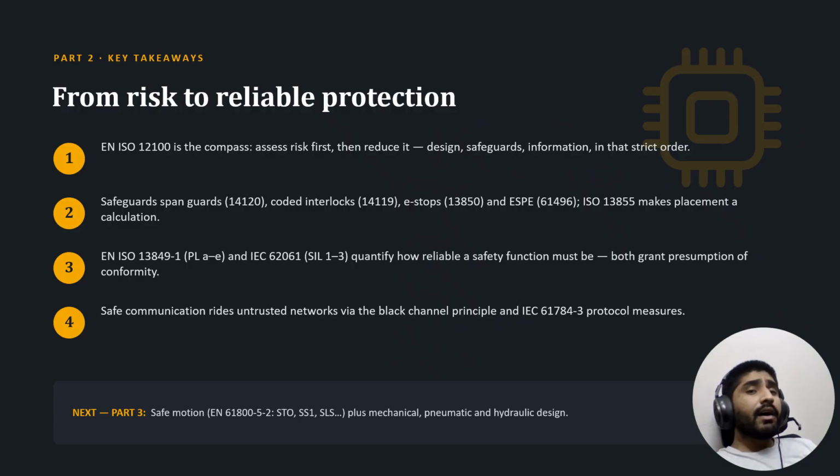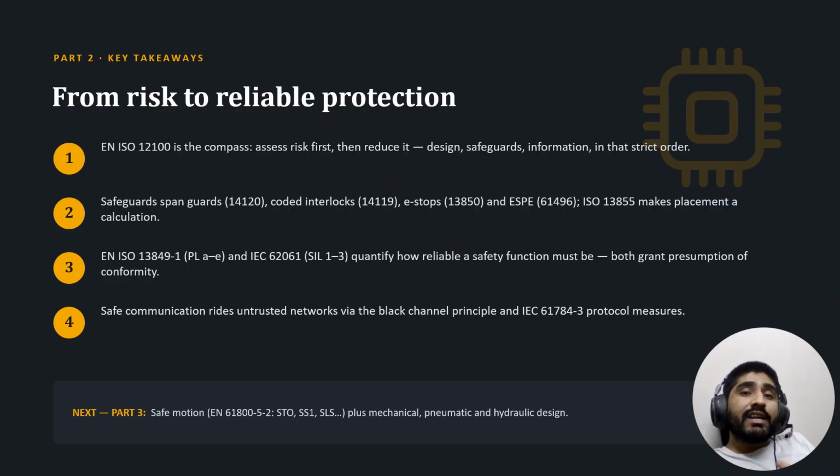To summarize part 2: risk assessment under ISO 12100 is the compass, and the three-step method is the route: design first, safeguard second, information last. Safeguards range from fixed guards and coded interlocks to light curtains, scanners and pressure-sensitive mats, and standards like ISO 13855 make their placement a precise calculation.